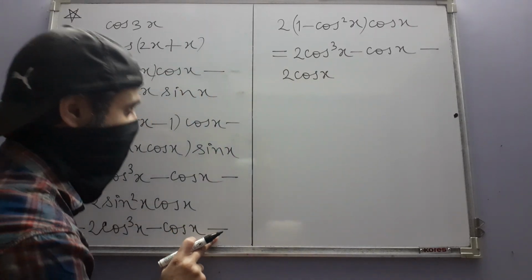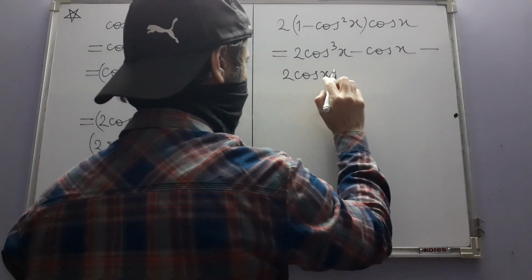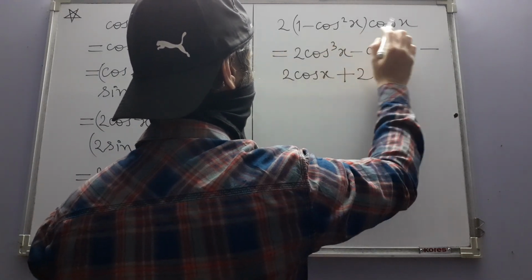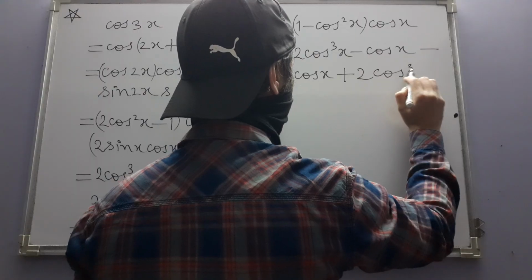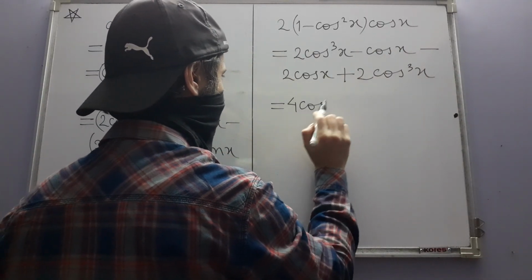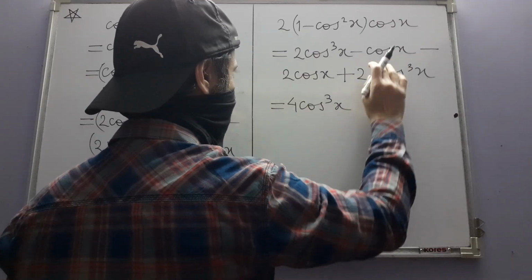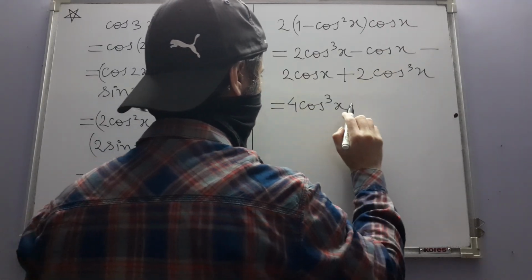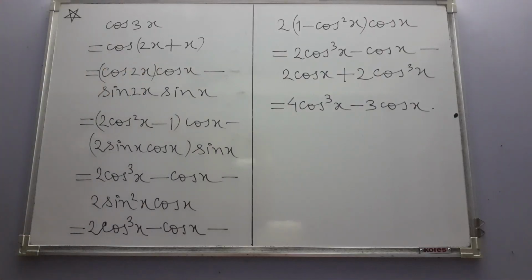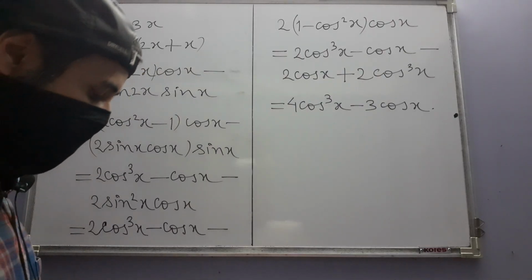And now minus times minus becomes plus. 2 of course is there, and cos square x times cos x is cos cube x, and that's how you get 4 cos cube x minus 2 cos x is minus 3 cos x. Okay, so that's how you get the triple angle formula for cosine.